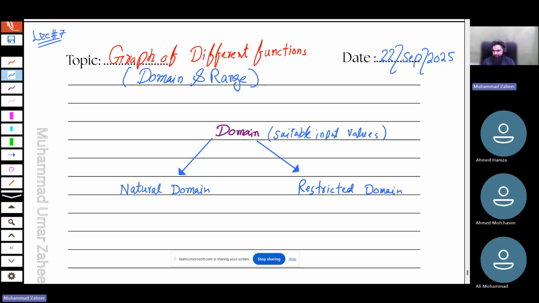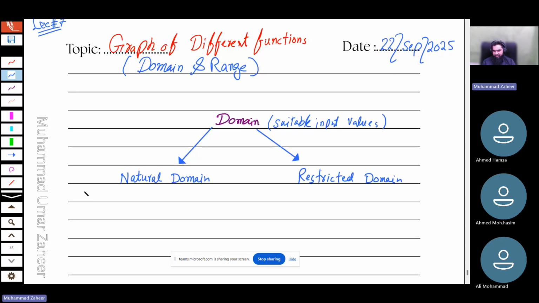For example, if I write the function f of x is equal to 3x plus 1. So look at here, I'm just going to write any linear function. Linear function, you know that it shows a straight line. So in a straight line, you know that every number you can substitute as an input and all the numbers as well as your output.